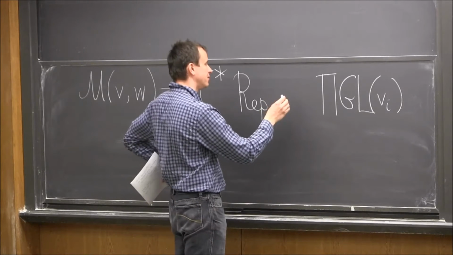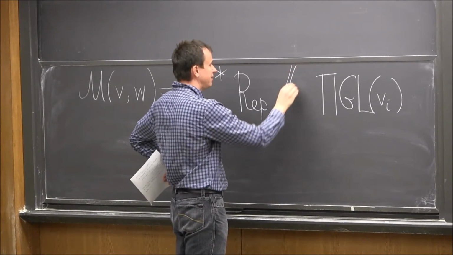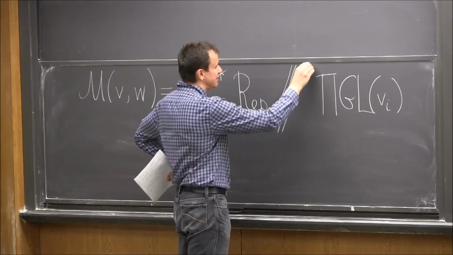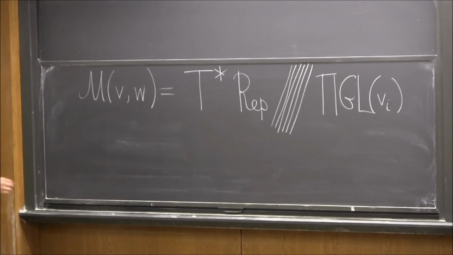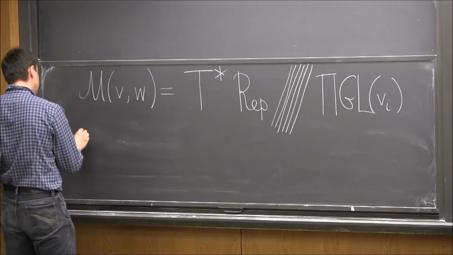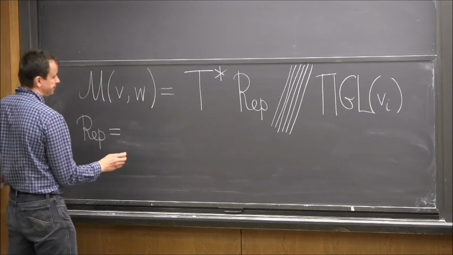This is denoted something like this, and I believe if I write it as a double slash, then nobody will confuse it with the GIT quotient. So first, what's the representation?